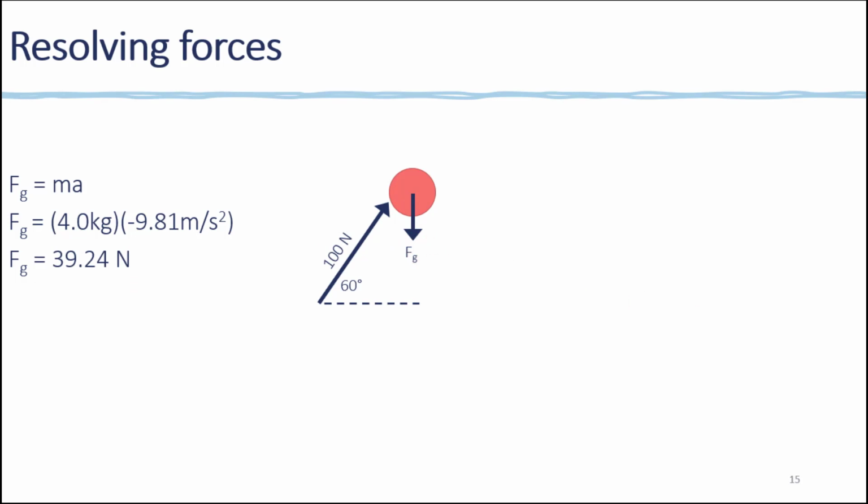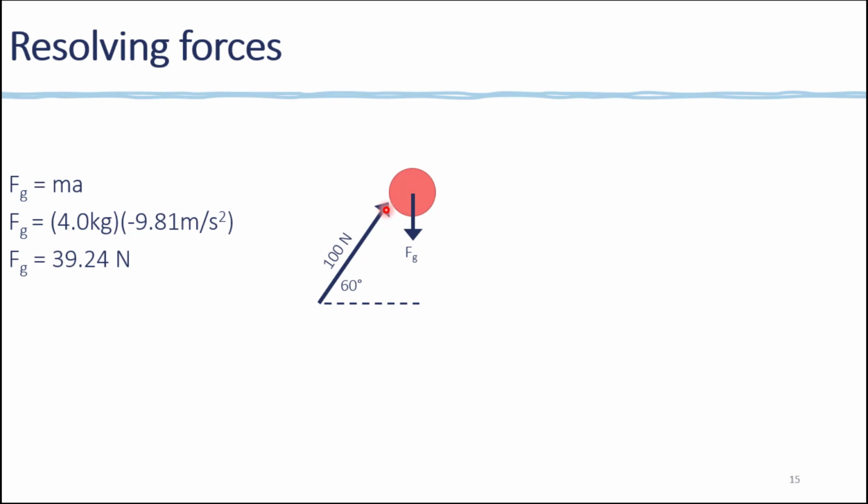Now, we want to represent the 100 newton force that acts forward and upward at 60 degrees above horizontal, this one here, as a pair of forces, right? The pair of forces that we're trying to find are called the horizontal and the vertical components of this 100 newton force here. And the components here, you can think of them as the parts that make up a system.